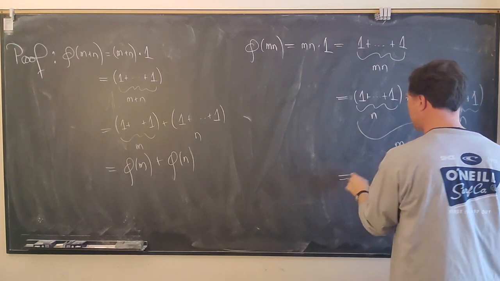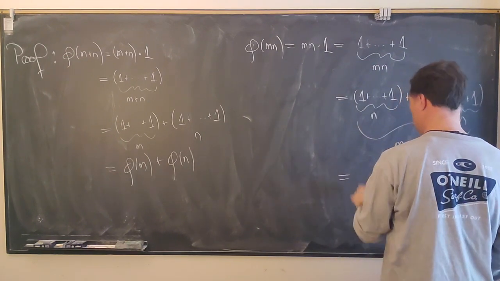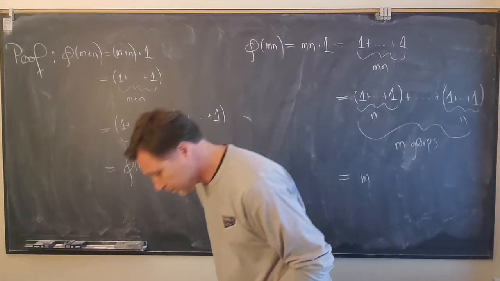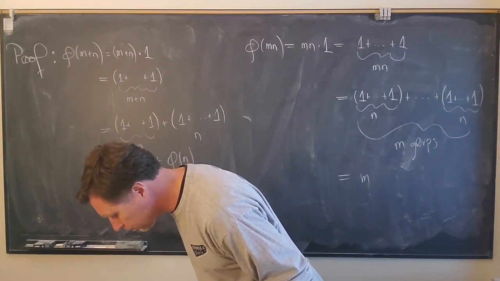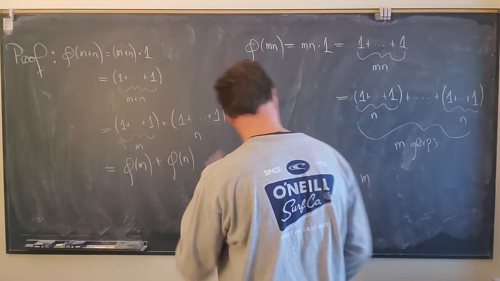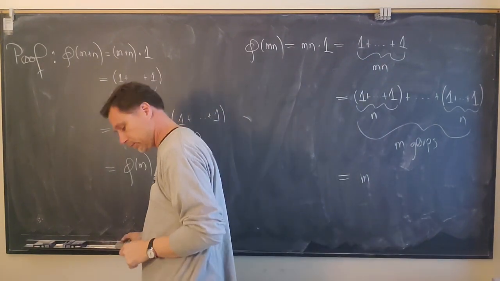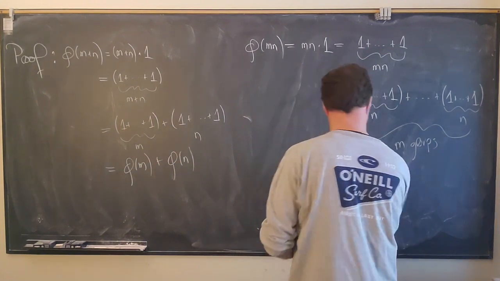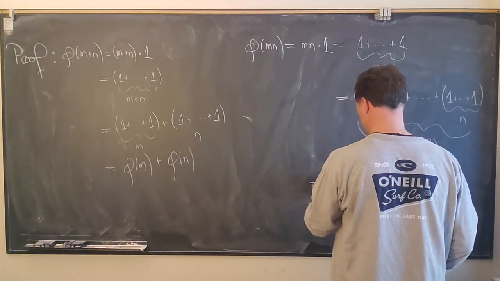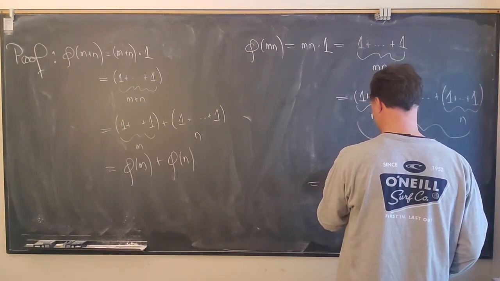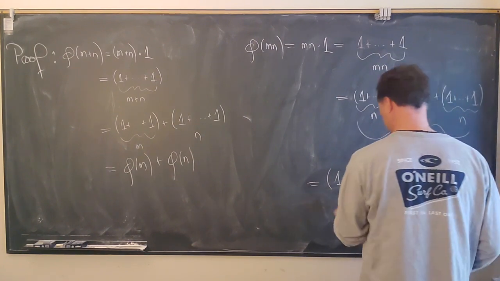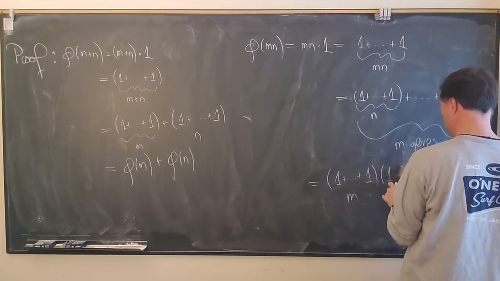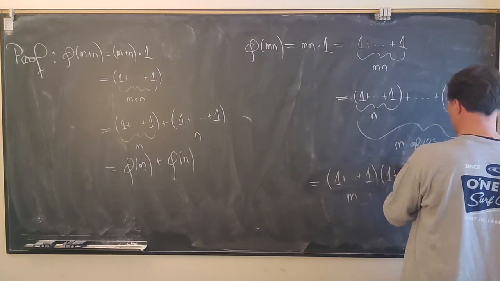Right? So now we distribute. And so this is equal to 1 plus dot dot dot plus 1, m of those, times 1 plus dot dot dot plus 1, right?